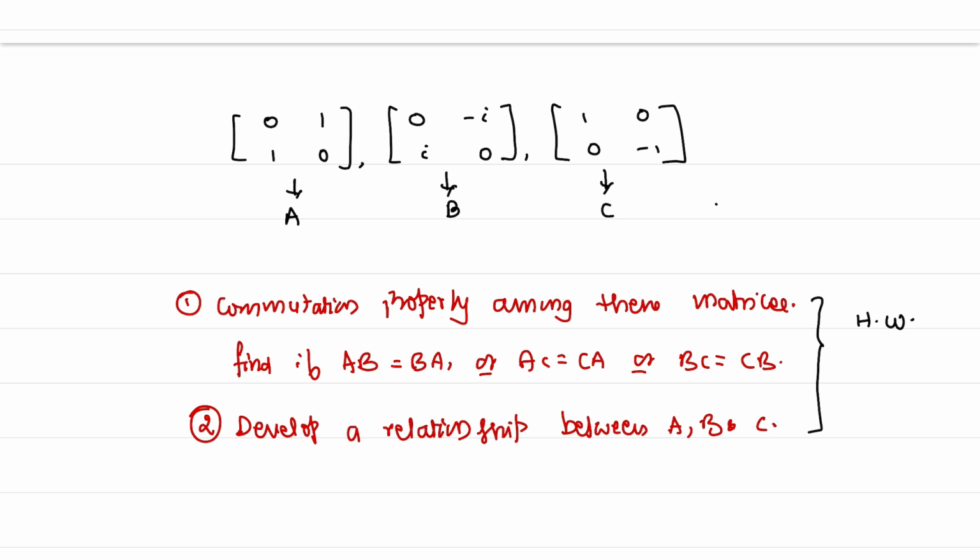Then before going into the inverse, we have to understand determinants. Without understanding determinants, we can't understand the inverse of a matrix. We will start classes on determinants from the next class onwards.